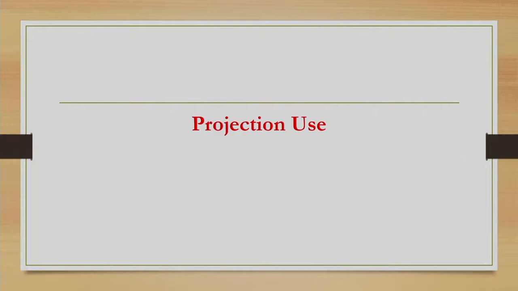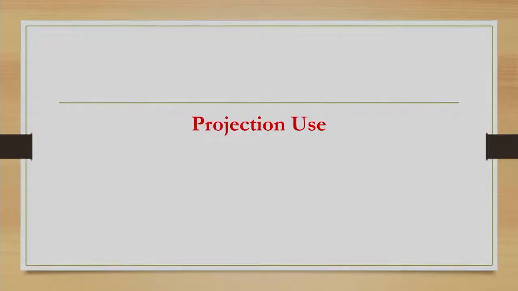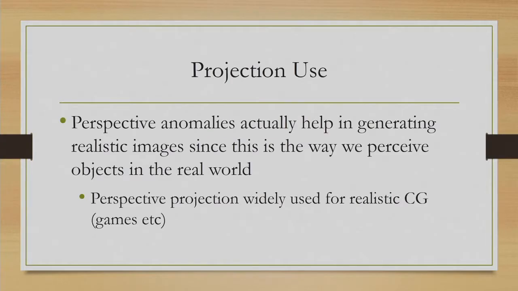Together these anomalies make us perceive an object with changed shape and size, which in turn reinforces our perception of 3D reality. So, how can we use the projections? As I said, perspective anomalies help in generating realistic images, since this is the way we perceive objects in the real world.